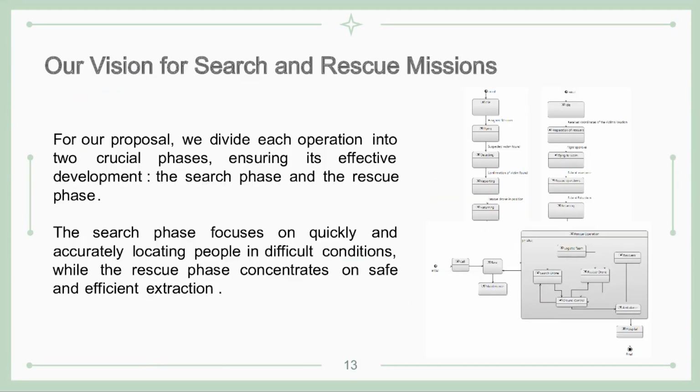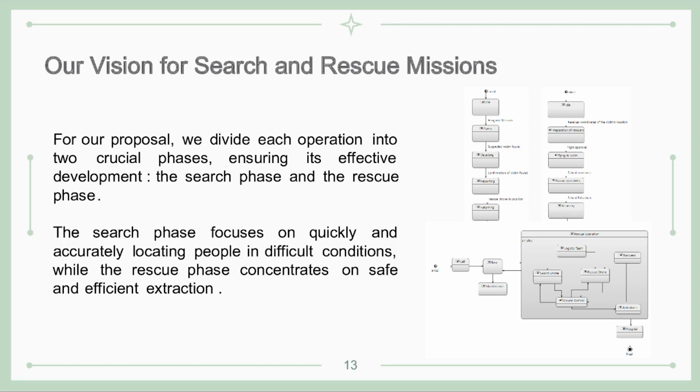In our approach, we streamline search and rescue operations by breaking them down into two main phases: the search phase and the rescue phase. This structure ensures that each stage is optimized for efficiency and effectiveness. The search phase is all about accuracy and speed, locating people in difficult environments as quickly and accurately as possible.